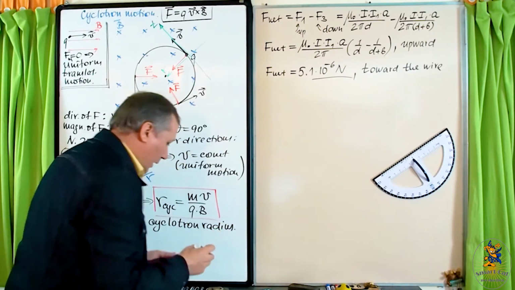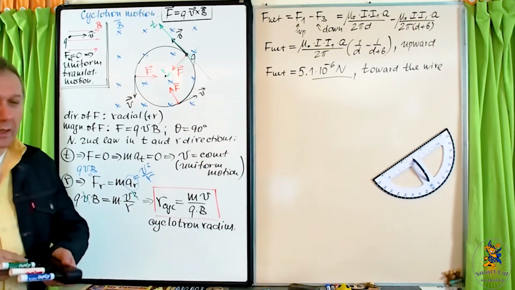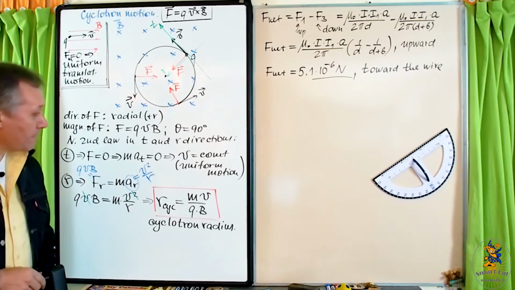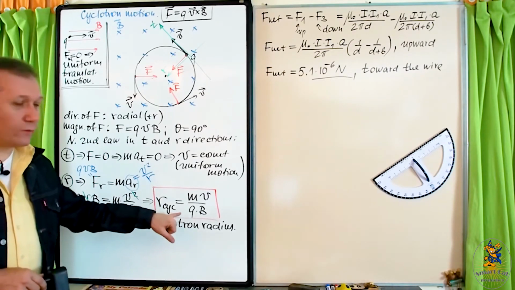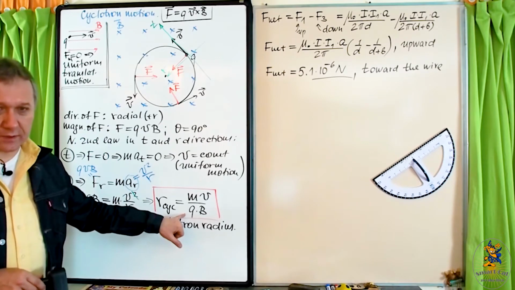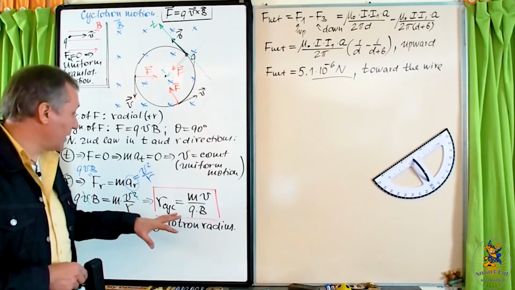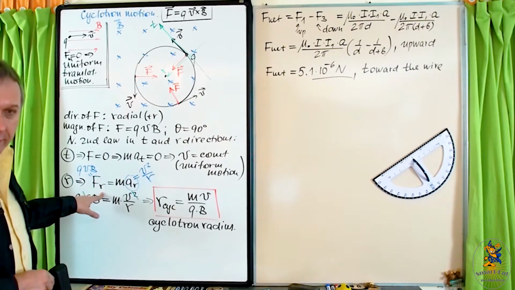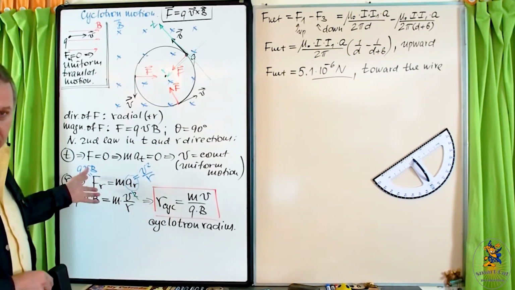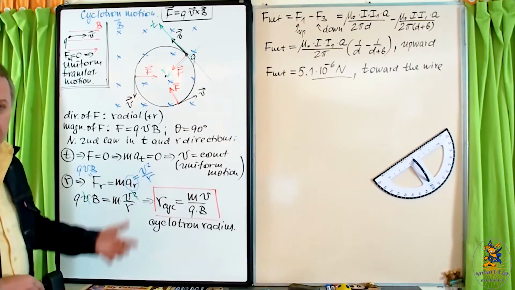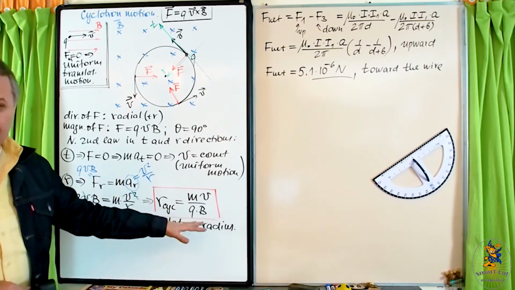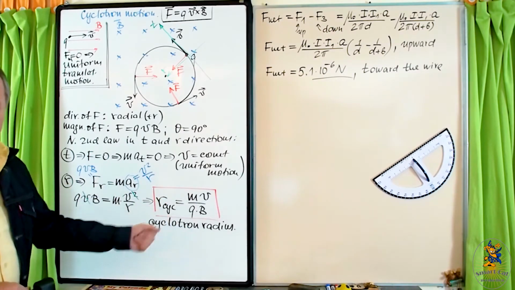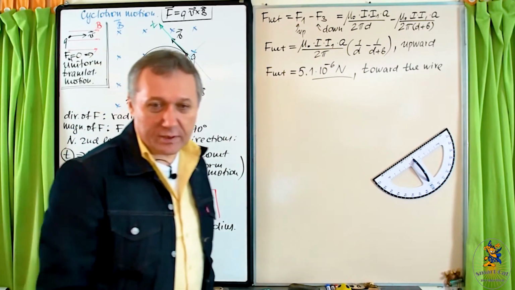A few times I give a problem about this on the exam, final exam, of course, right? And on the formula sheet, I never give this formula. Every time I expect that students are capable of using Newton's second law in the radial direction, in this case magnetic force equals mass times centripetal acceleration, and I expect that students should be able to do this one line derivation to get the expression for the cyclotron radius.